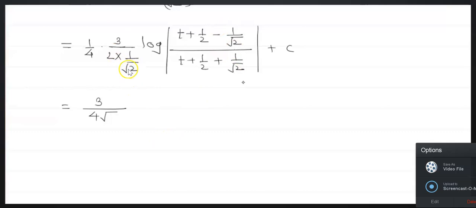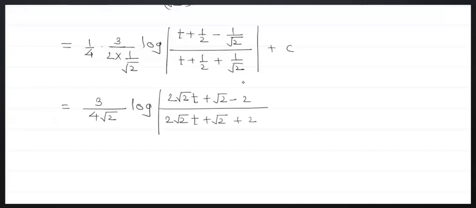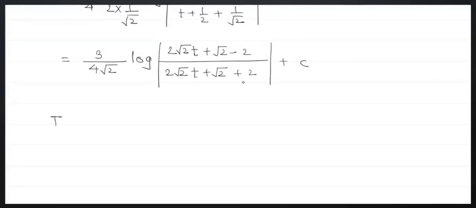and then simplify this. Now here is 2 upon root 2, that is the root 2 will be there, that is 3 upon 4 root 2, and simplify here, then you will get 2t plus 1, that is we simplify 2 root 2, log of the LCM is 2 root 2t plus 1 plus root 2 minus 2 upon 2 root 2t plus root 2 plus 2 plus c, and this is the final answer.